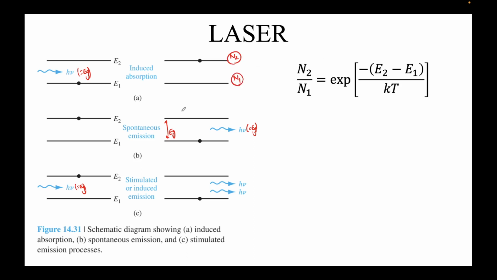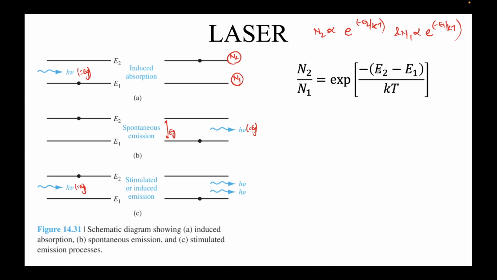Remember, we talked about the Maxwell-Boltzmann distribution, so it applies here. n2 is directly proportional to e to the power minus E2 over kT, and similarly n1 is directly proportional to e to the power minus E1 over kT. The proportionality constant is the same for both. You divide n2 by n1, and you end up with something like this.